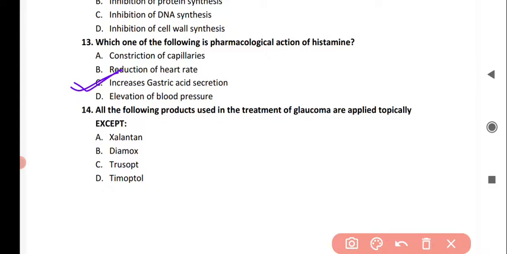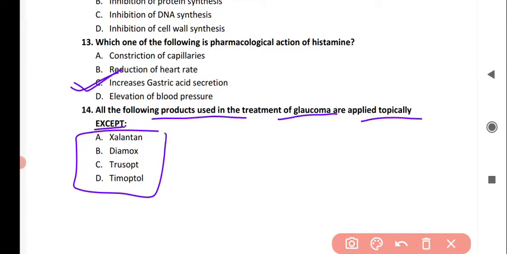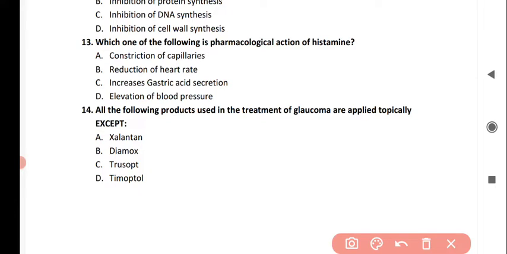Then we will move to the next question: all of the following products used in the treatment of glaucoma are applied topically except. There are different drugs that are used against glaucoma, but one of them is not used by the topical route. So we have to identify that one. The first option is Xalatan, which is latanoprost.